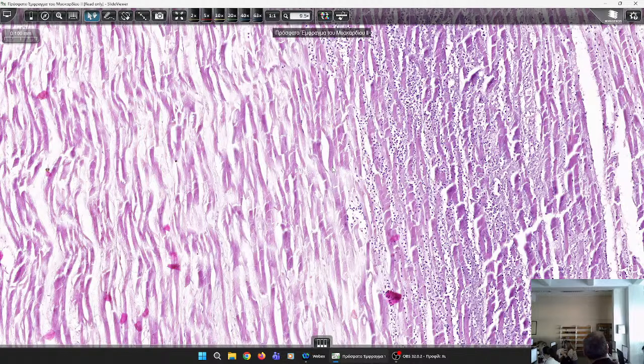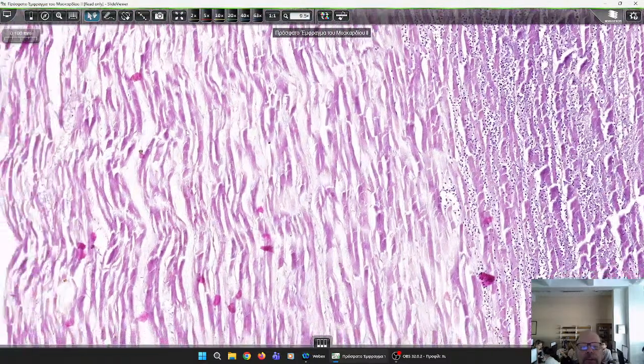How can you tell? There is no striation, and more importantly, there are no nuclei, because these myocytes are dead because the blood supply was abruptly inhibited by the clot that was formed in the lumen of the artery.